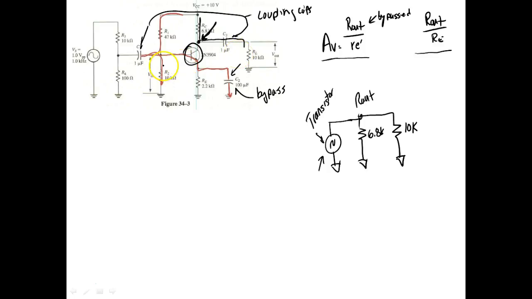Because if we choose it, and we're not going to get into how you choose it, you'll learn that in AC, it will have almost no opposition at the frequency we're operating at. So we end up with my collector resistor in parallel with my load resistor. This is the equivalent circuit right here.